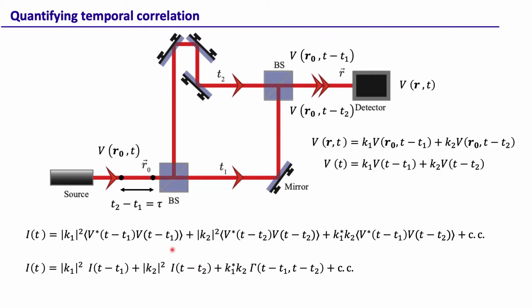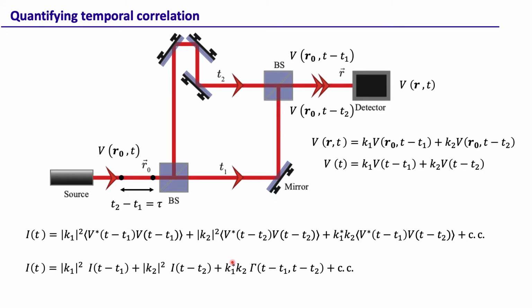Let me mention that if we just open up the first path t1 and close this one, then this is the only term that we are going to see. If we block this path and keep only this path, then that is the term that we are going to see here. But if we open up both the paths, then we not only see this term and this term, but we'll also see these cross terms.